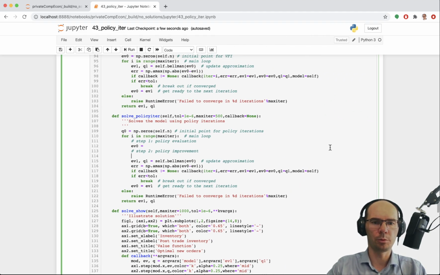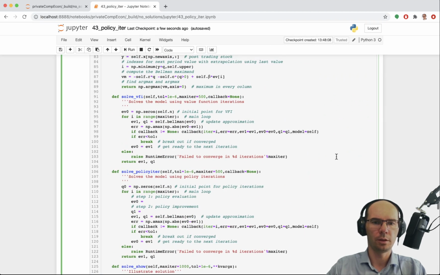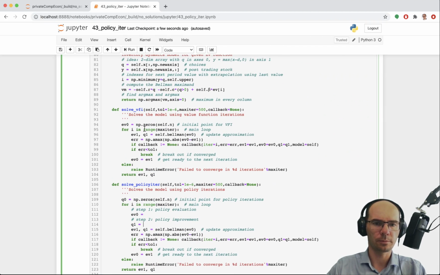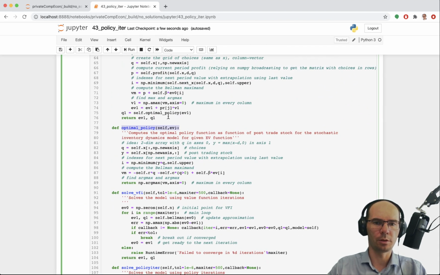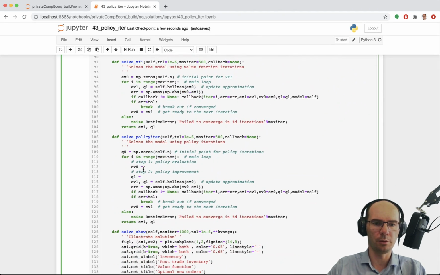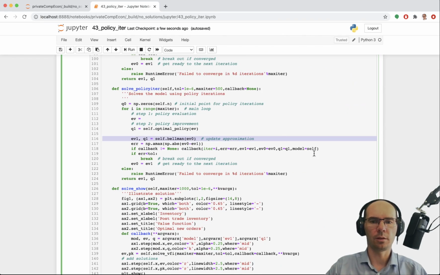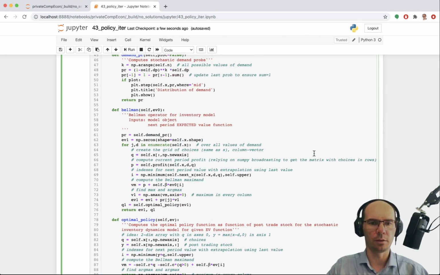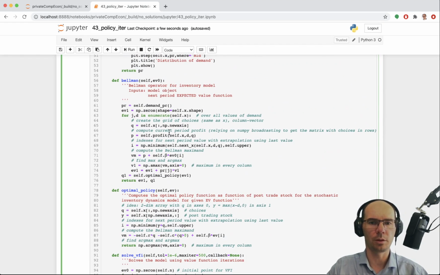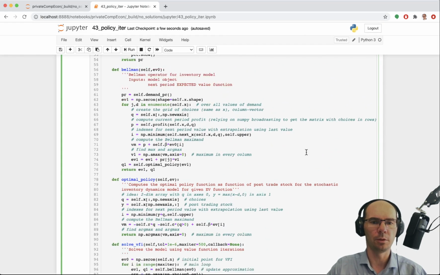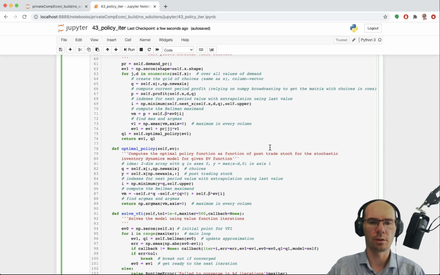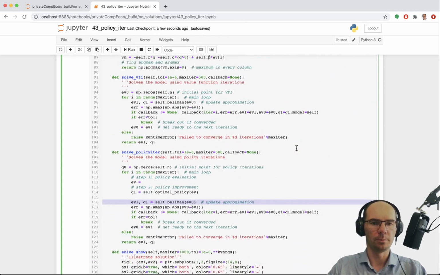And in the policy improvement, we will calculate Q1 as the new policy. And that's going to be just the optimal policy corresponding to this EV. It's a self optimal policy of EV. Okay, and so this is almost like the Bellman equation, except now we don't really need to recalculate the expected value. We just need to calculate the policy, which is the optimal policy for this given EV.